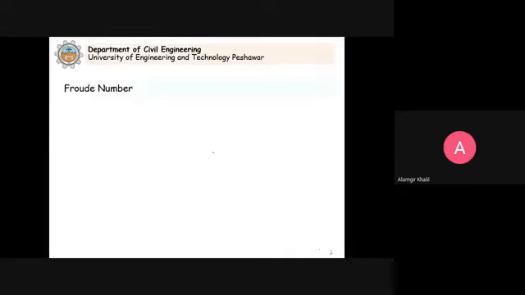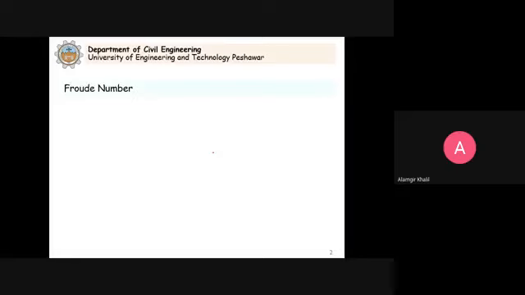In the previous lecture, we studied similitude, or similarity. Similarity means similarity between the model and the prototype. In order that similarity exists between the model and the prototype, we can transfer the results from the model to the prototype.